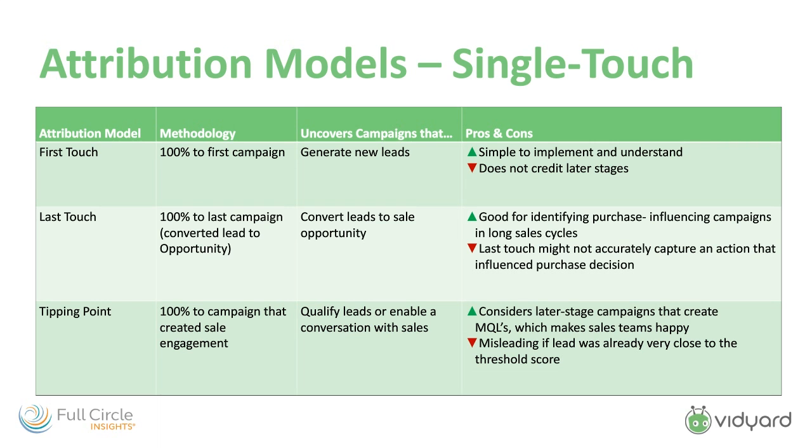Now, last touch is another one, which is the opposite of first touch. And then there's the tipping point, which is something we coined here at Full Circle Insights, but it's the campaign that created the sales engagement. There are pros and cons for each. I won't go through them all, but there are ways to start off with a simple attribution model that generates some pretty good and key insights depending on what your company's goals are.